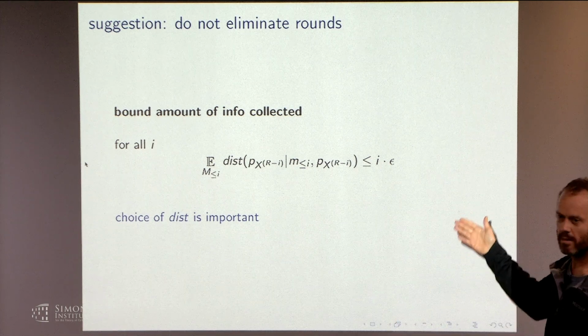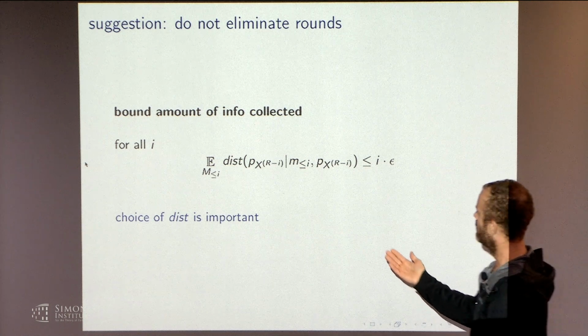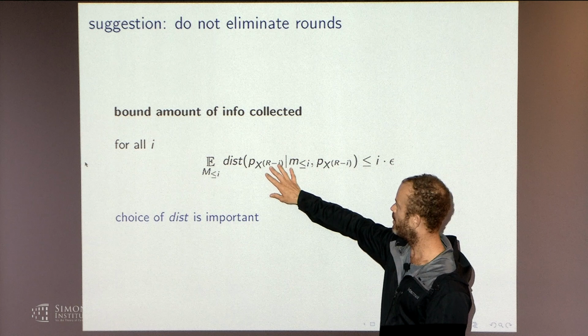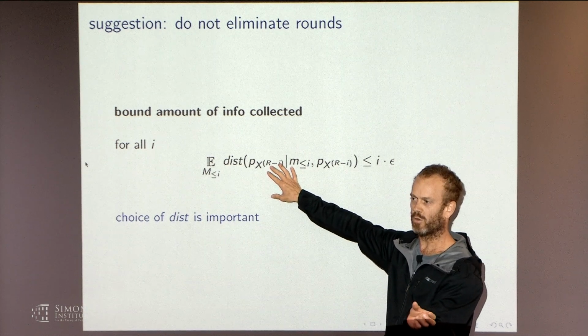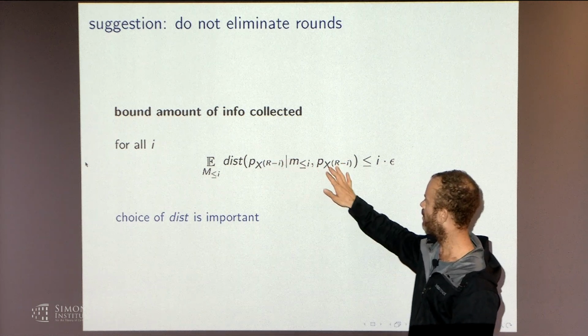Okay, so here there is no elimination of anything. We just look at the protocol and try to say the distribution of some part of the input is unaffected by the protocol. It's basically the same. So this is very close to this.